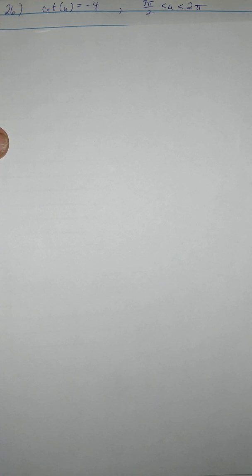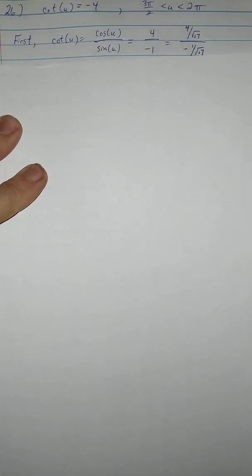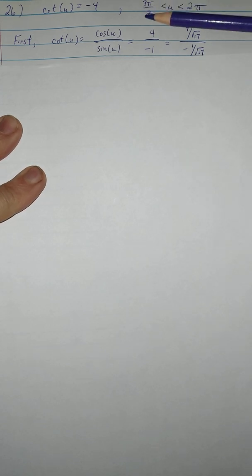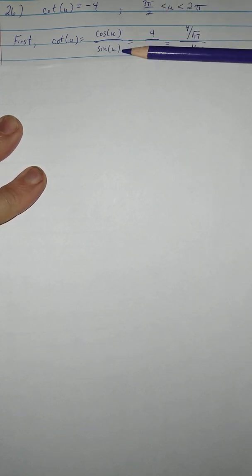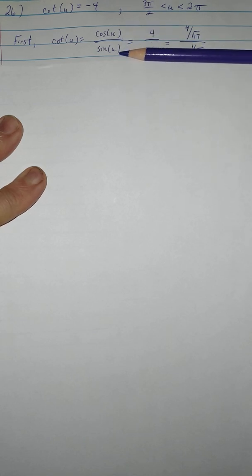For 26, they give me what cotangent of u is equal to, and they want me to find the values of sine of 2u, cosine of 2u, and tangent of 2u. The first thing I do is I rewrote cotangent as cosine over sine, because cotangent is x-coordinate over y-coordinate, which is the same as cosine angle u divided by sine angle u.